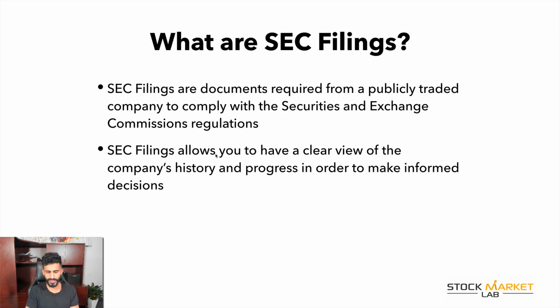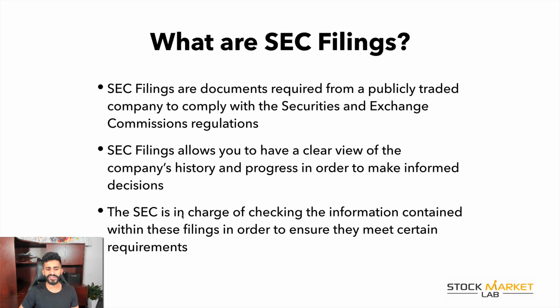Now, the SEC is in charge of checking the information contained within these filings in order to ensure they meet certain requirements. So the SEC lays out requirements. They say you have to meet these certain requirements. These are the reports that you, as a company, have to submit, and then the SEC ensures that those reports follow a certain guideline.